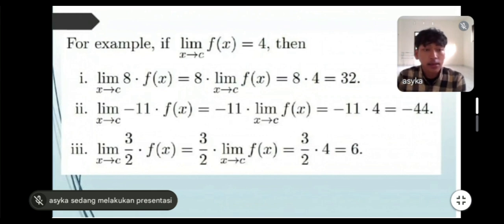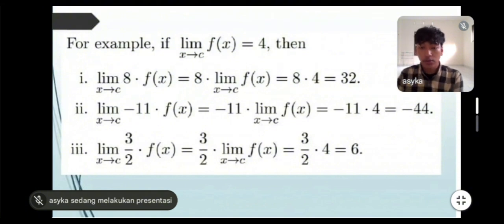Another example is limit x approaching c of 3/2 times f(x), with the limit of f(x) being 4, we get 3/2 times limit x approaching c f(x) equals 3/2 times 4.